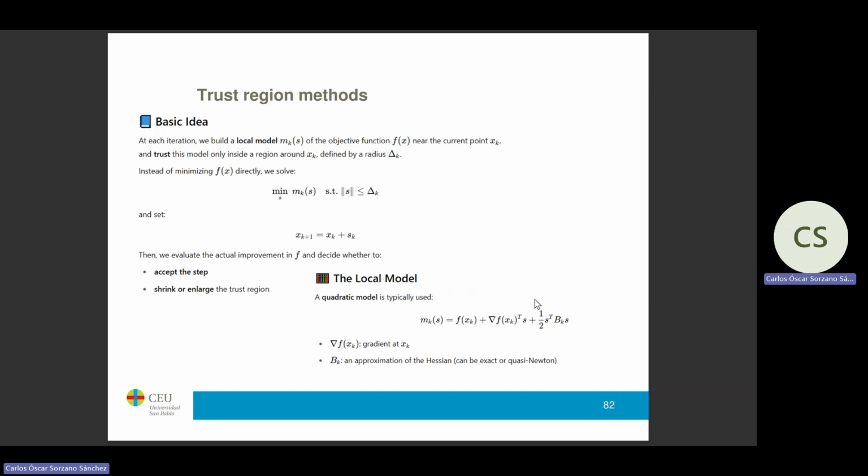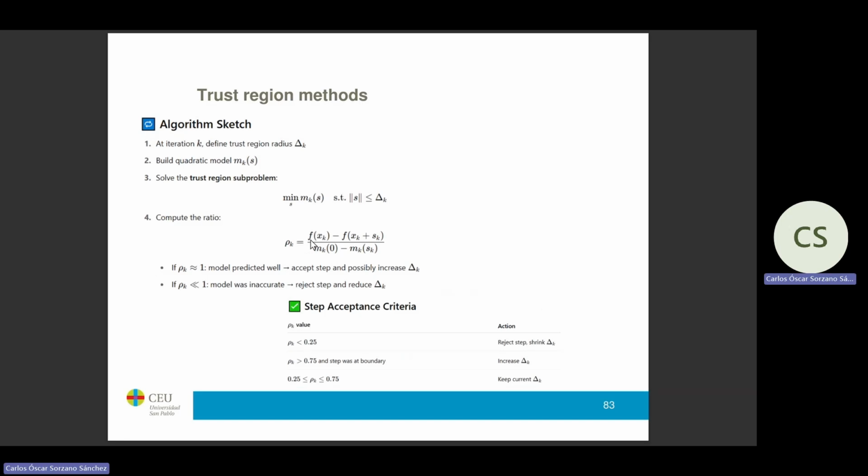So you construct typically a quadratic function around that area, and then you minimize that quadratic function subject to this constraint. So this is a very easy problem. And then once you have solved what is the best displacement, you update your current solution. Okay, so this is what we have just said.